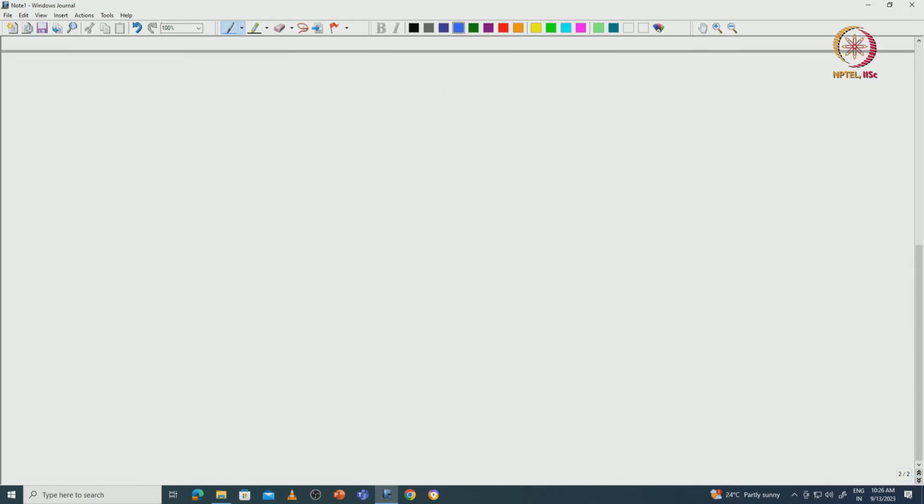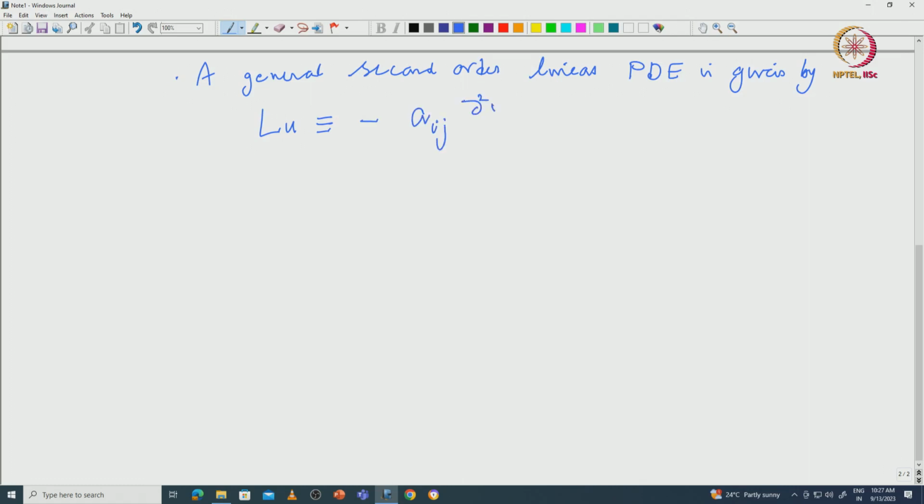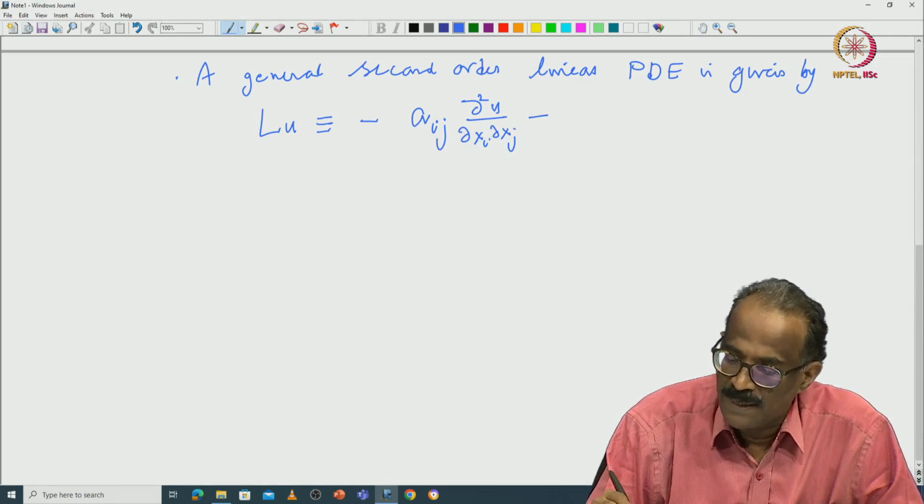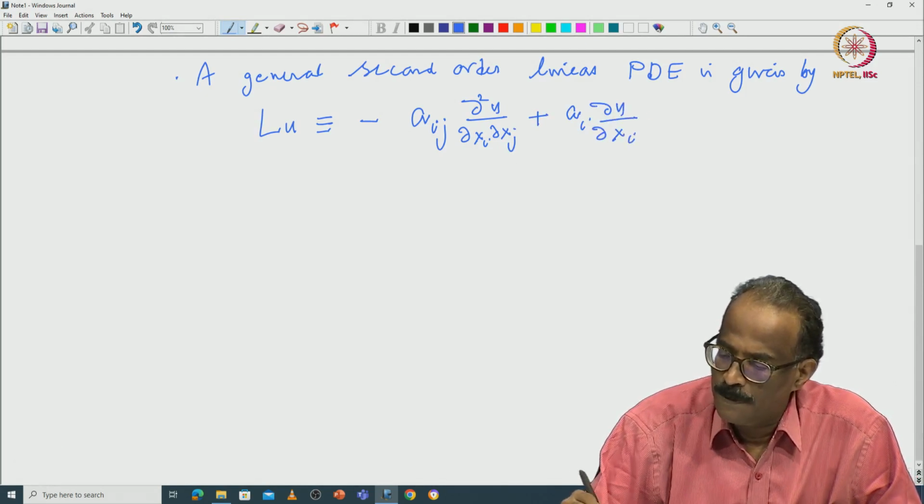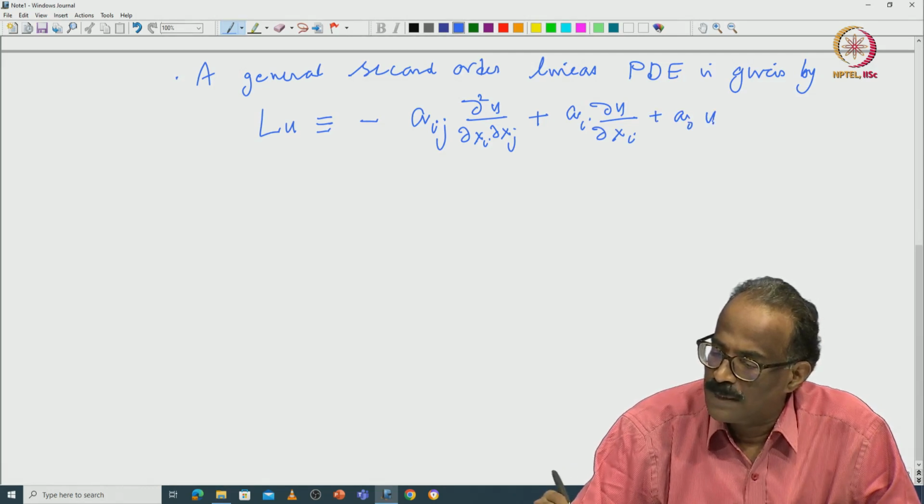So, a general second order linear PDE, as we already mentioned in the first course on PDE, is given by L of u equal to minus a_ij d square u by dx_i dx_j plus a_i du by dx_i plus a_0 u, of course equal to f.